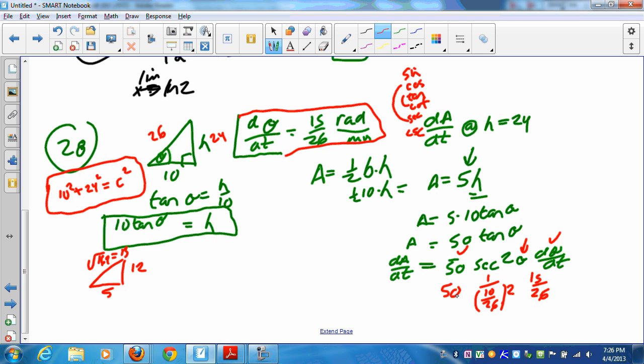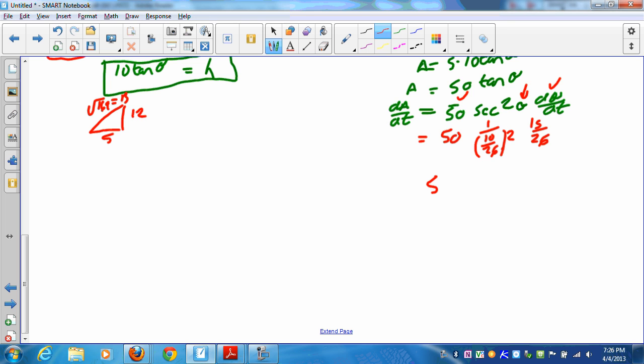Alright. Well, doing some arithmetic on this, we could simplify this, and we could do 26 over 10 squared. Alright, just trying to make our life simpler here. 26 cancels out with one of those.